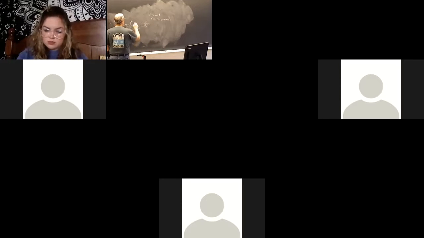Okay, so one of these alcohol groups removes a proton from sulfuric acid.